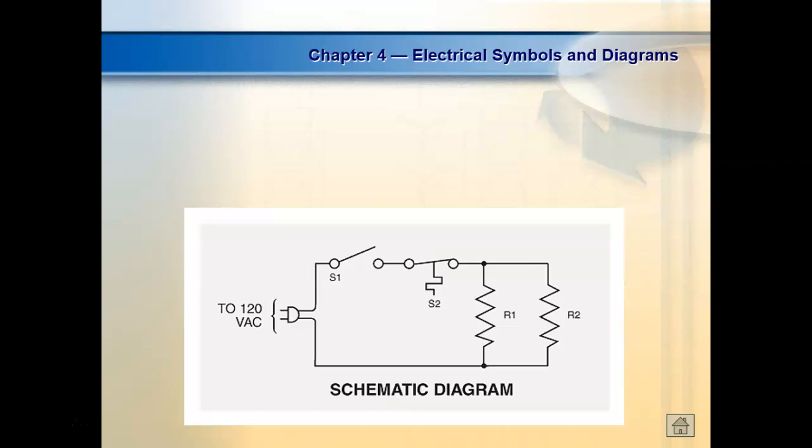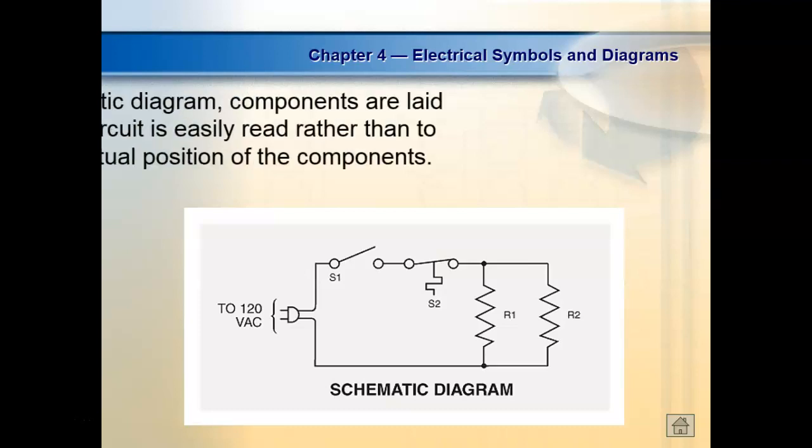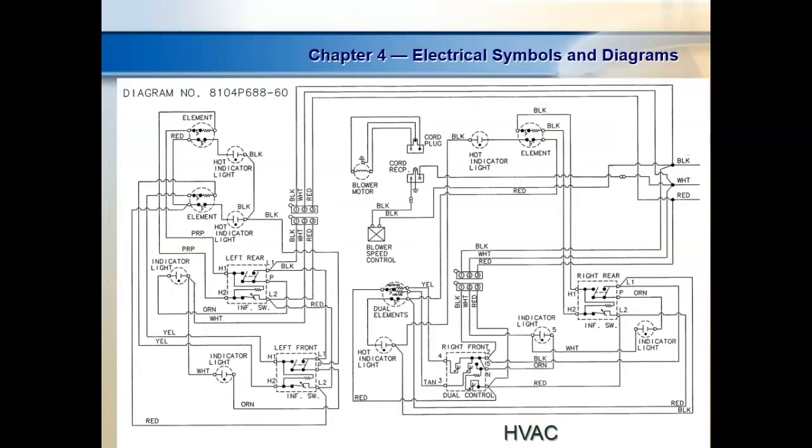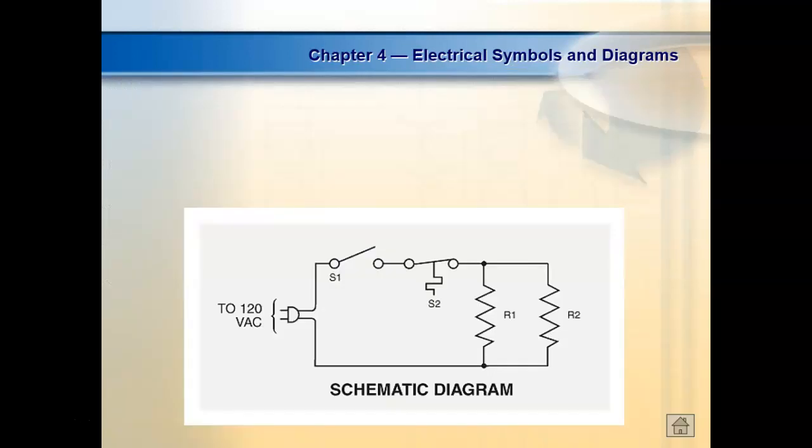Oh, that's the one we already saw, right? Yeah, so we call this a wiring diagram. What it's telling us is these devices right here are all in the same enclosure, right? A schematic diagram is going to try to show you the logic operation of the circuit.